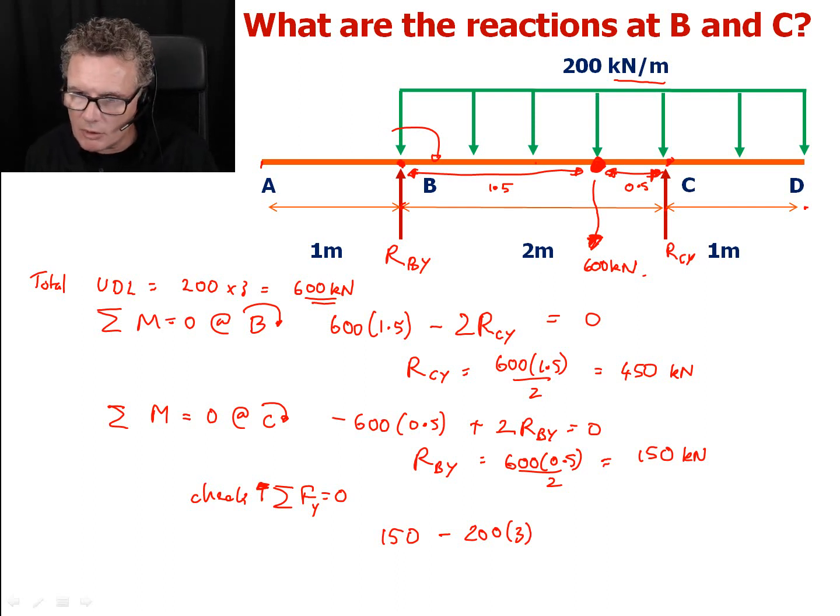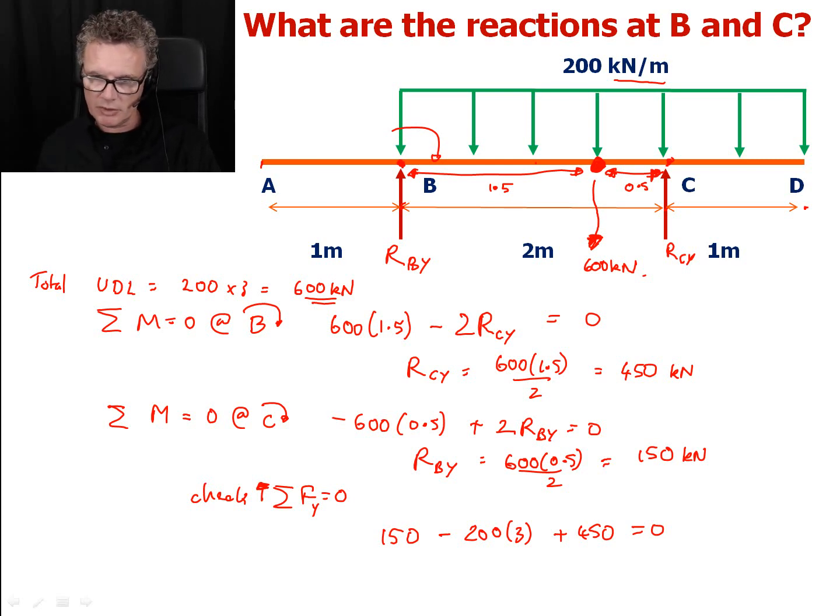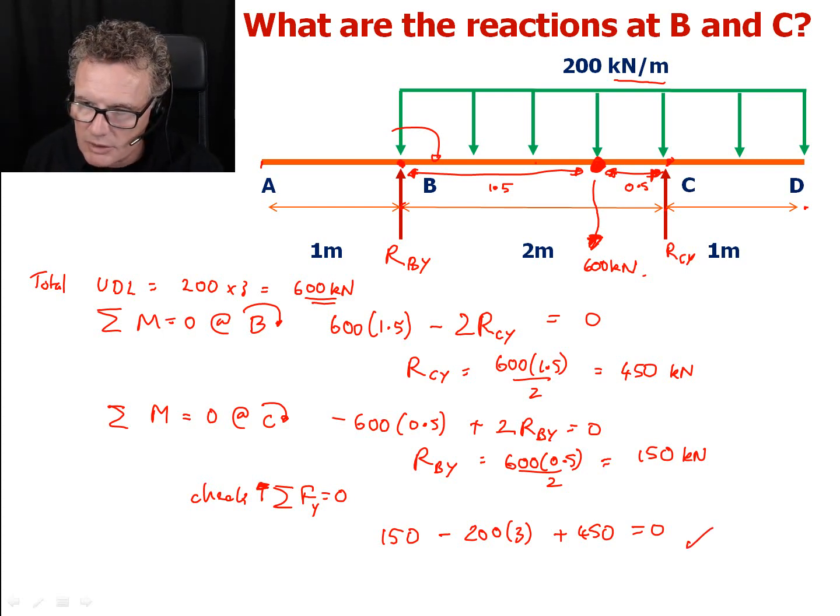Then plus 450 equals 0. Going back to our original data with the 200 times 3: 150 minus 200 times 3 plus 450 equals, yes, 0. So check.